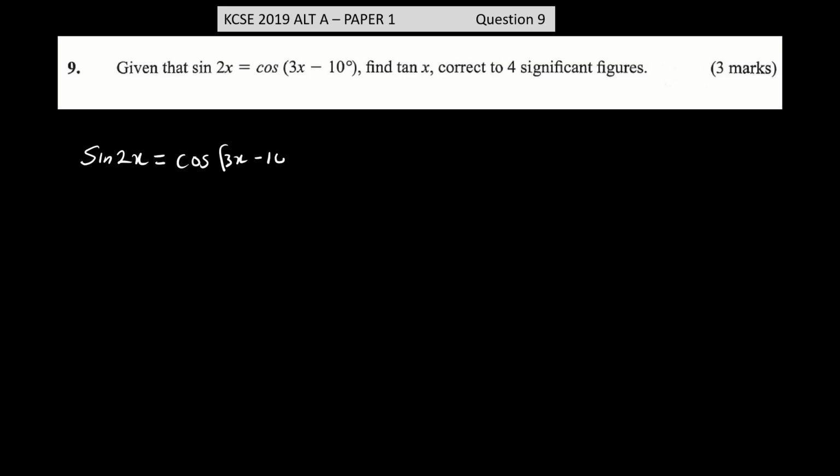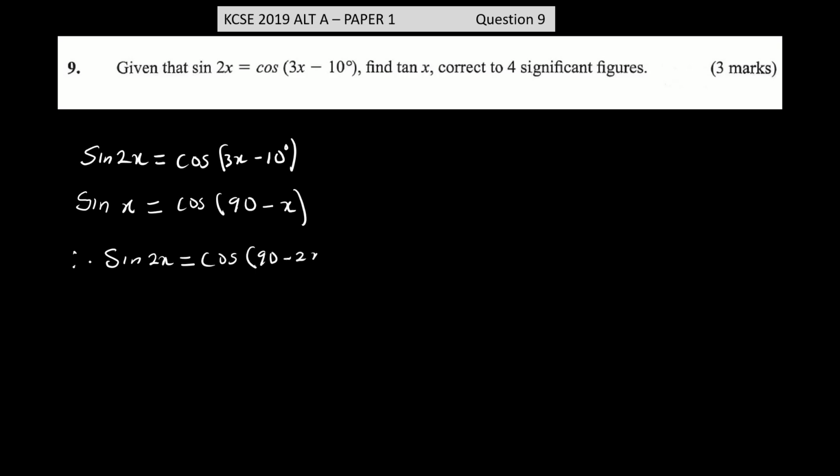3x minus 10 degrees. Recall that in trigonometry, if you have sine x, this is also equals to cos 90 minus x. Therefore, the same thing, if you have sine 2x, this will be equal to cos 90 minus 2x.